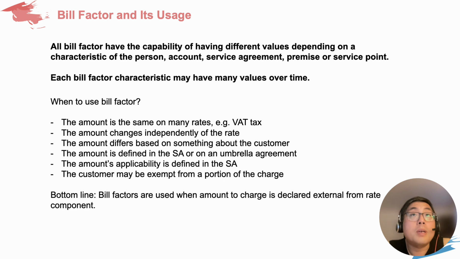The customer may be exempt from a portion of the charge. All of these are possible because the bill factor can have multiple values defined on characteristics. Okay, so bottom line, bill factors are used when the amount of charge is declared external from the rate component.